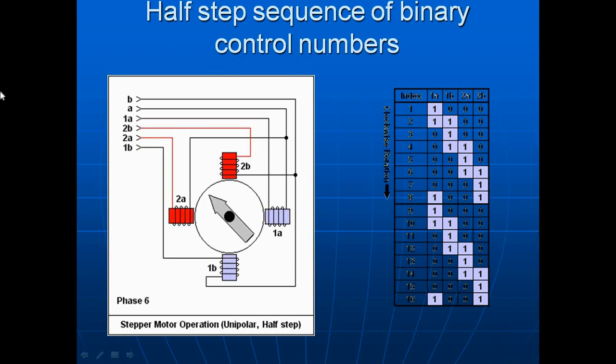Here the next step angle for 8, 9, 10 will be conducted, remaining will be 0, and also 10, 11, 12 in the sequence of the half control method it will be conducted. Here is the sequence of conduction for the half step sequence of binary control numbers.